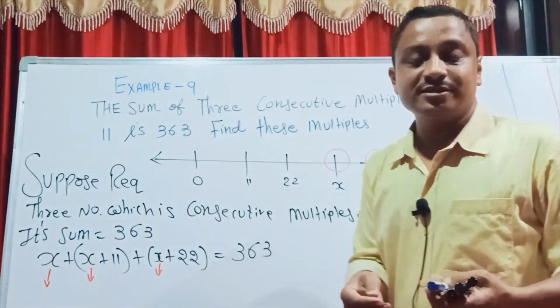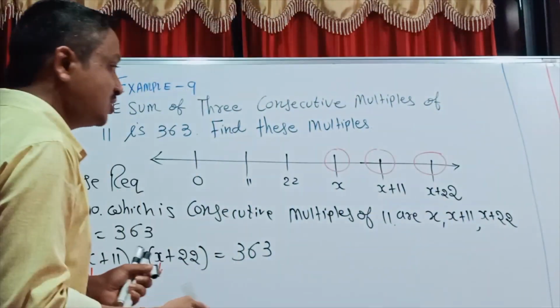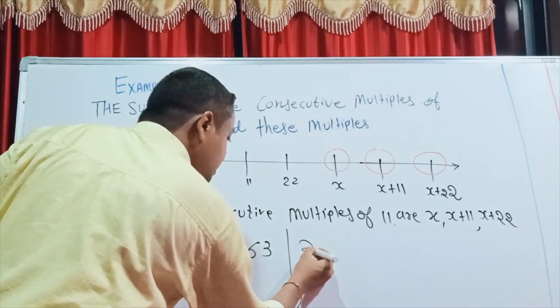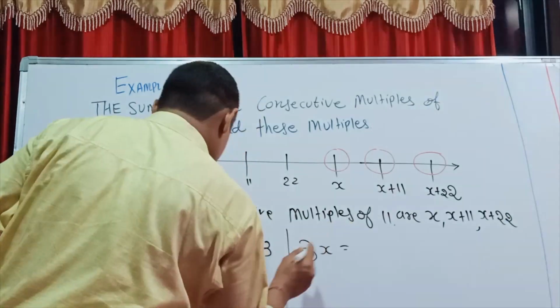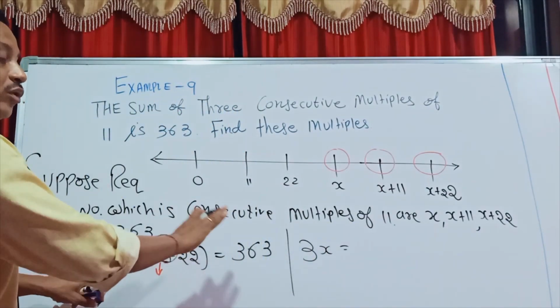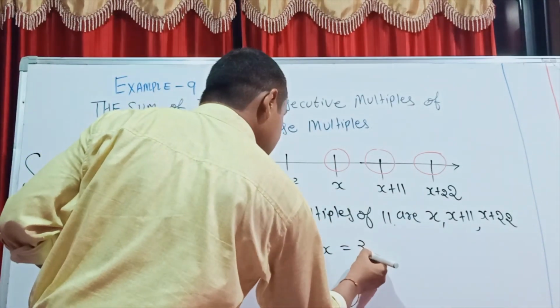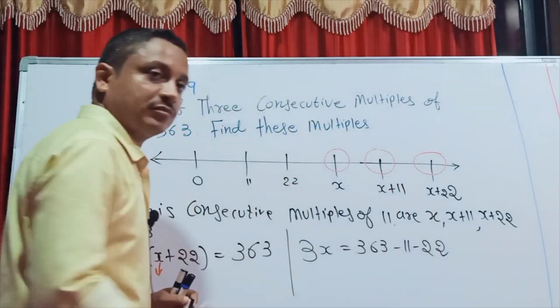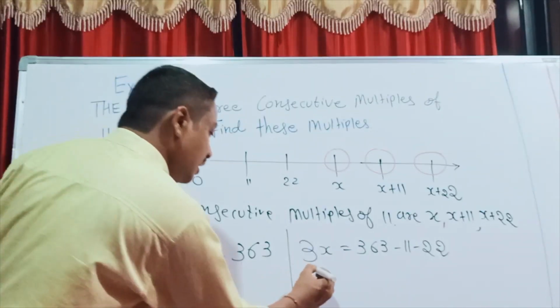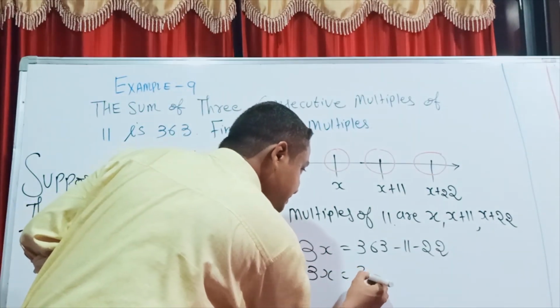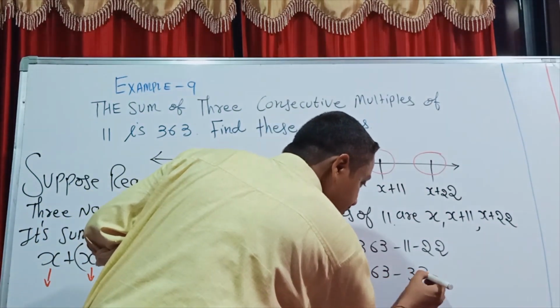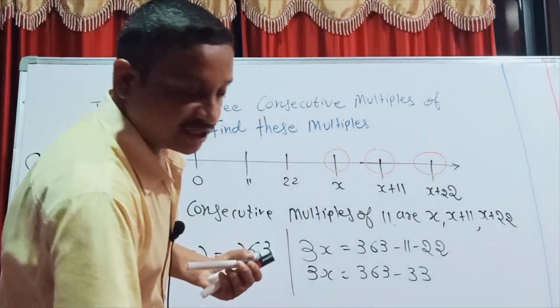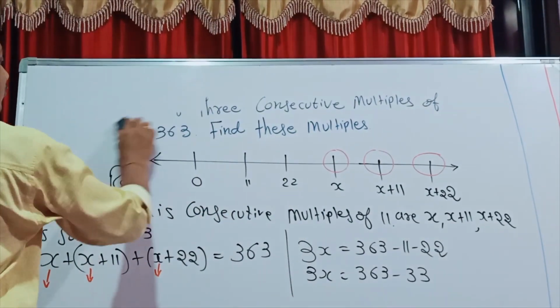Yes, it is totally 3x. So 3x is equal to 363, carry forward to the right side, minus 11 minus 22, students. So how much is the total? Yes, 363 minus 33. And this total value I follow in my final solution.